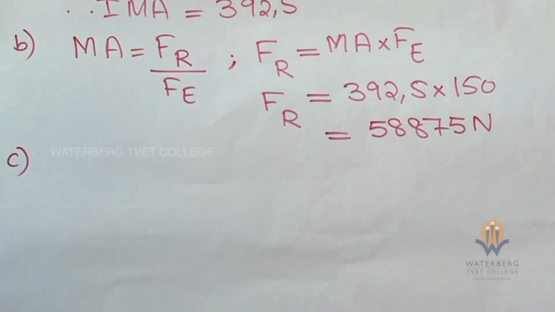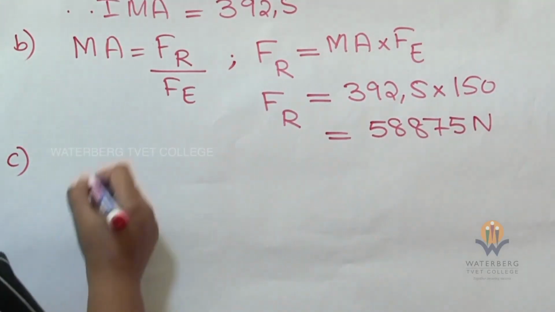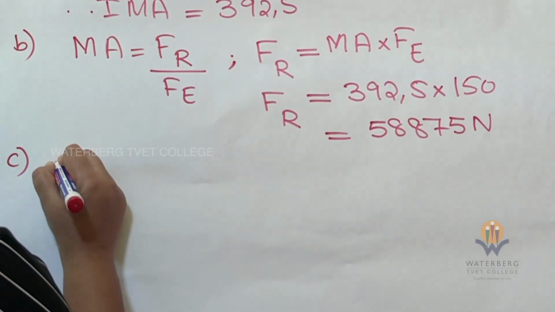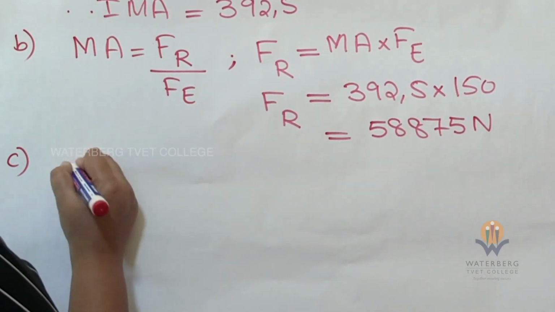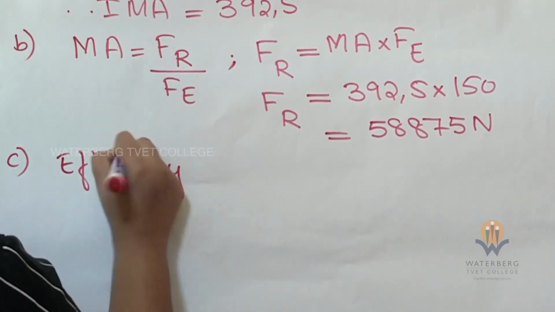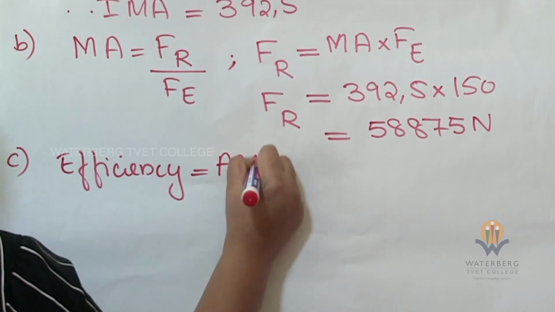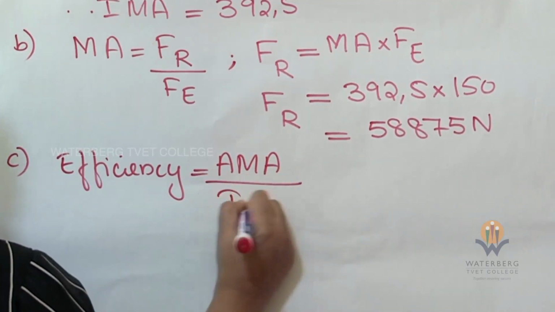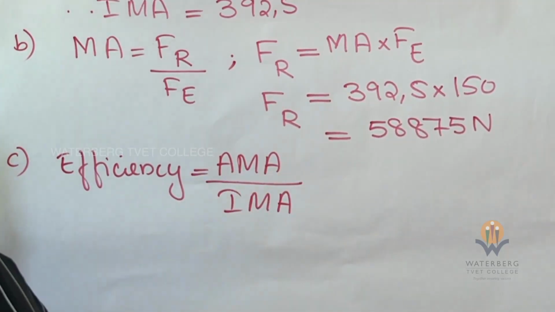Third question, actual mechanical advantage. Efficiency is given, it's 20%. So efficiency equals actual mechanical advantage over ideal mechanical advantage.